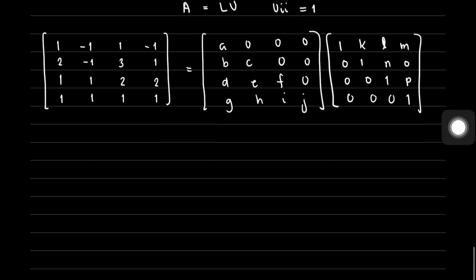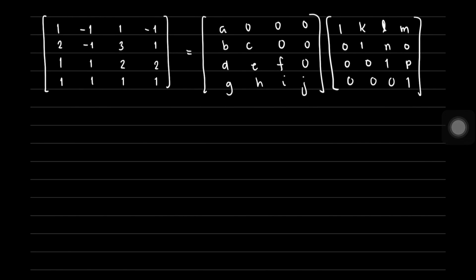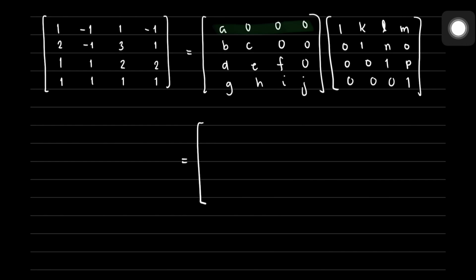So to do that, let me multiply this one with this. So we now have, for the first element, the first row multiplied by the first column of the second matrix.